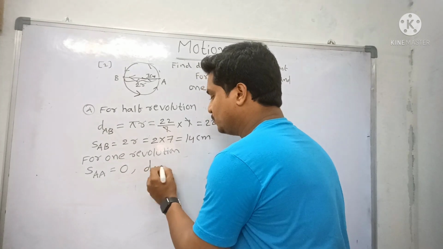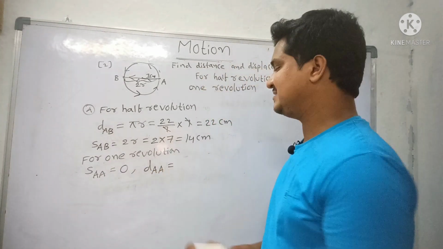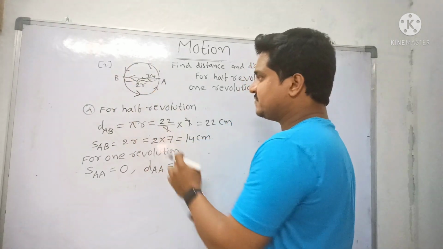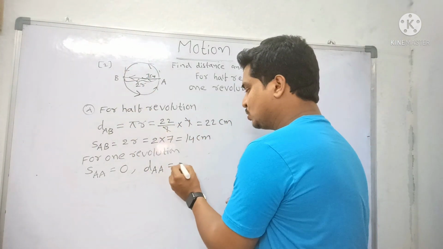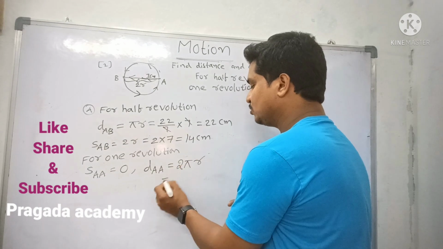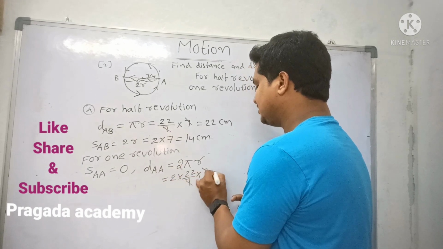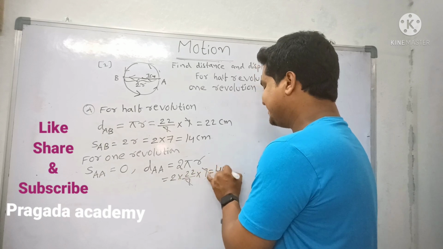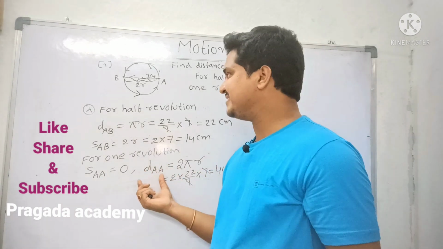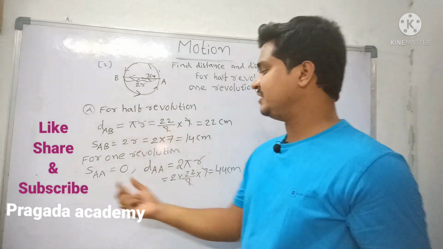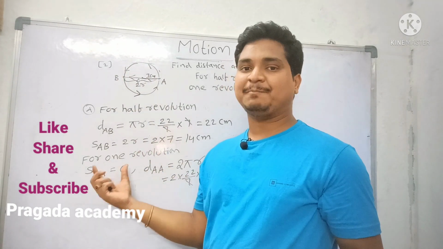Distance from A to A, we need to consider as how much? For one complete revolution we need to take the circumference of the circle, 2 pi r. 2 into 22 by 7 into r value 7, 7 cancel, 2 into 22, 44 centimeter will be the distance covered by the body or particle after completing one revolution. But displacement is 0 for one complete revolution.